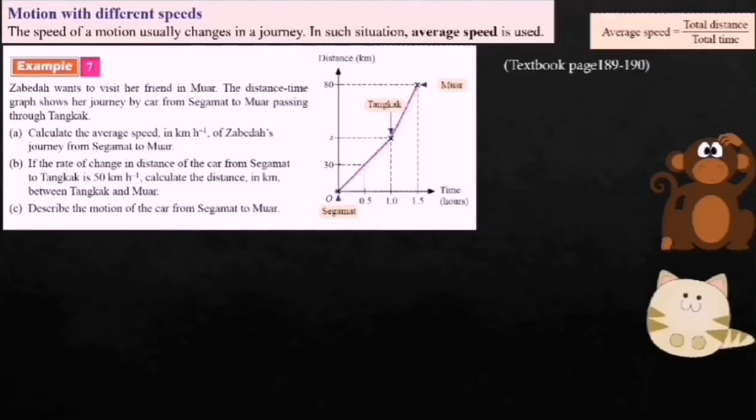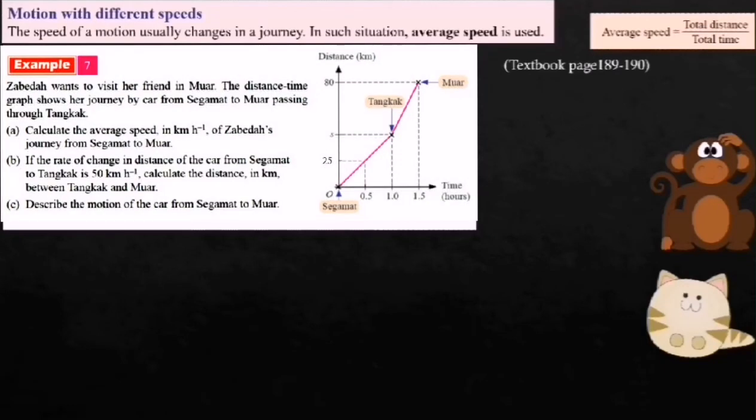Motion with different speeds. The speed of a motion usually changes in a journey. In such situation, average speed is used. So average speed equal to total distance over total time. Example 7. Zabita wants to visit her friend in Muar. The distance time graph shows her journey by car from Segamat to Muar, passing through Tangkak.